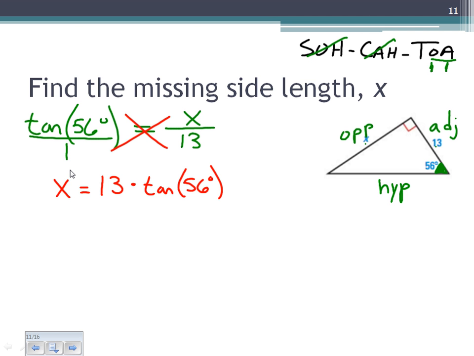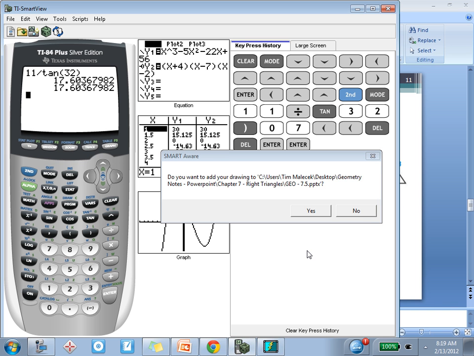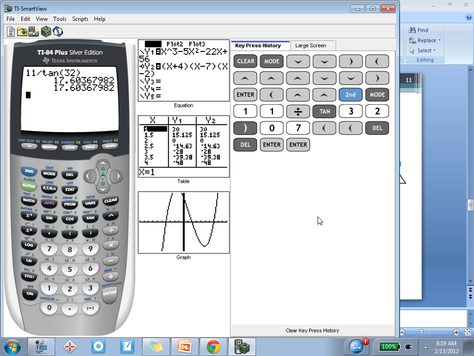So let's go to the calculator. What was it again? 13 times what? 13 times tangent of how many degrees? 56. Close it up. Make sure you're getting that habit. Everybody good? Hit enter. What'd you get?